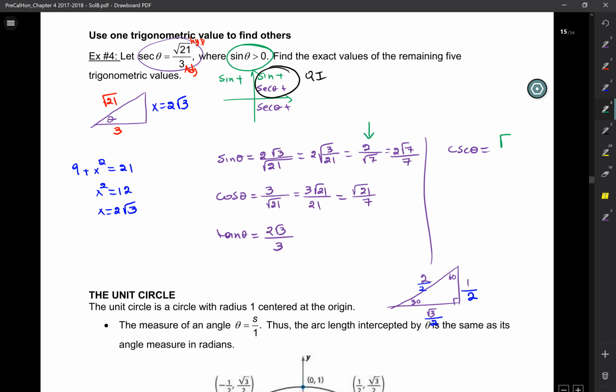That's the easiest one, and there's no roots to deal with. Secant, I'm already given. Cotangent of theta is how much? 3 over 2 root 3, which is 3 root 3 over 6, which is root 3 over 2. Okay? Makes sense? Okay.